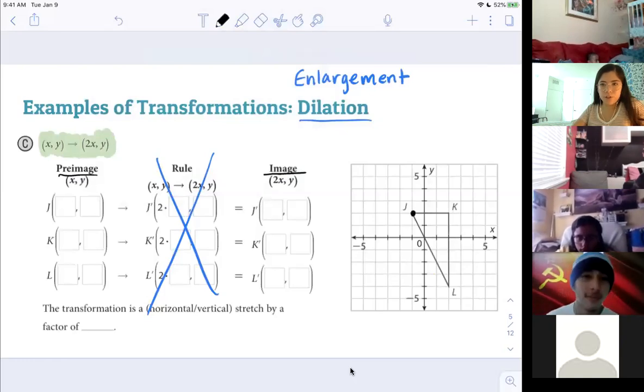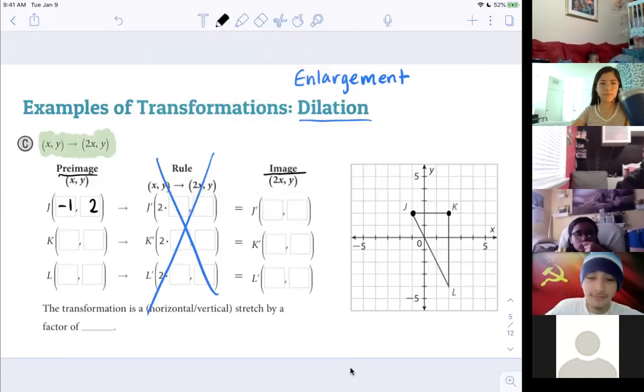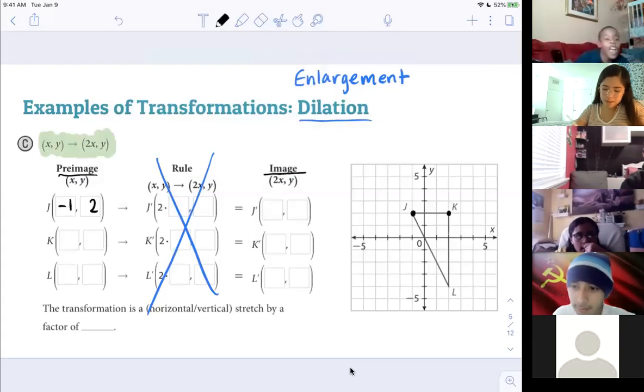Just J. -1, comma 2. Good. How about K? 2, comma 2.